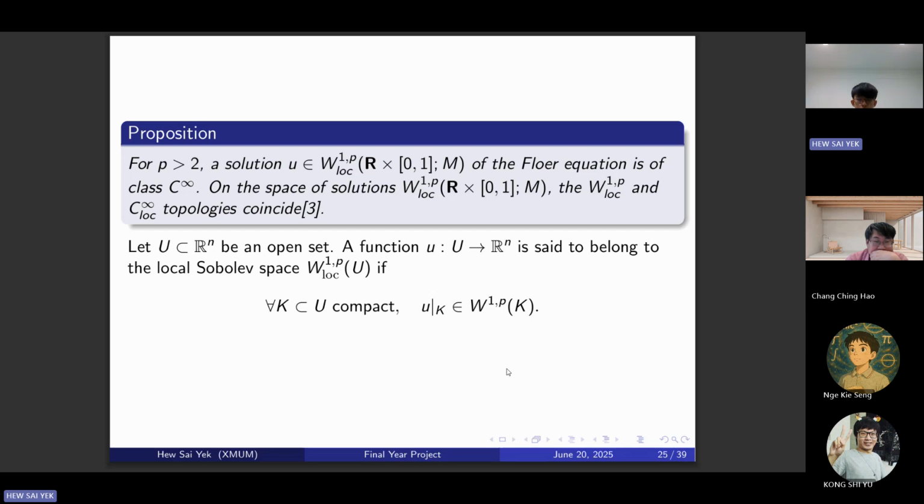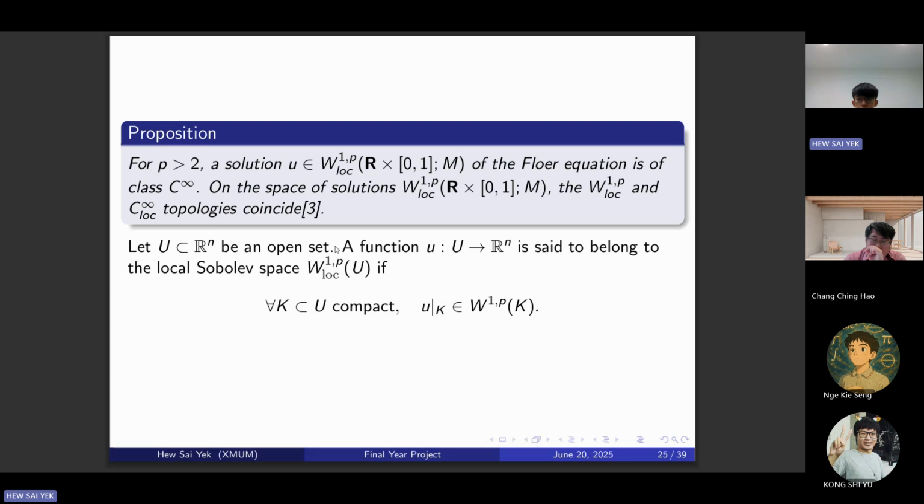Since the solutions of the Cauchy-Riemann equation are actually smooth, if u_n converges in the Sobolev space W, it also converges in the C-infinity local space.